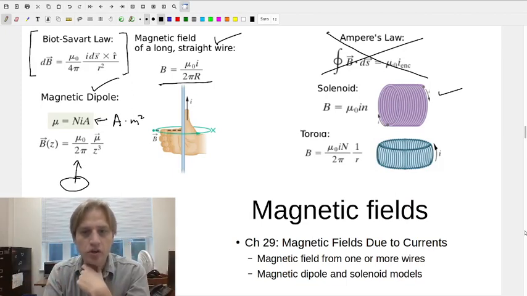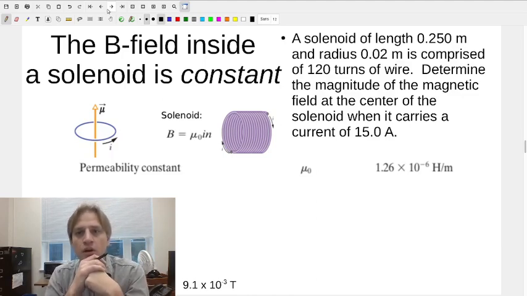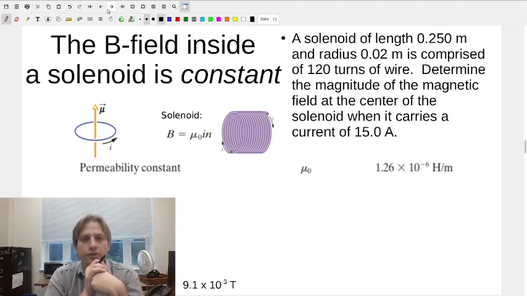Okay, so let's go ahead and make sure that we are comfortable applying these ideas. In lab we have used our solenoid model a couple of times, so I will expect you to be comfortable with that.